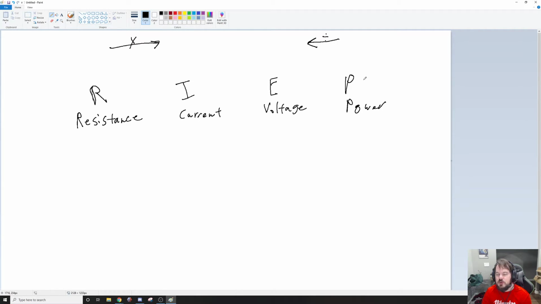Current times voltage will give you power. Going back the other way, power divided by voltage will give you current. Voltage divided by current will give you resistance. If you have any two values in here, you can solve for basically everything. It might take you a couple steps to get through that.